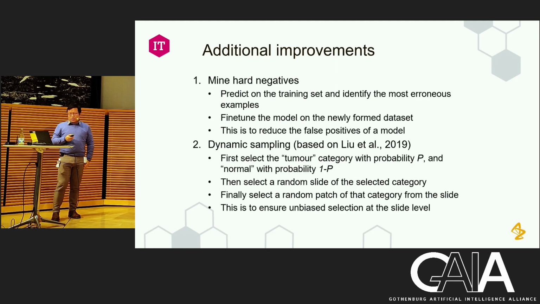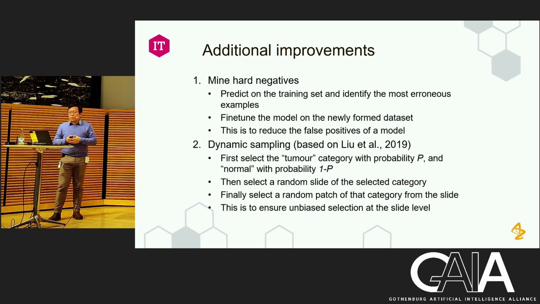Another technique we use is called dynamic sampling, based on a paper published by Google this year. This is a probabilistic technique again. We select the tumor category with a probability of p, for example 0.1, and the normal category with a probability of 1 minus p. So we first select the category, in this case from 2 classes.